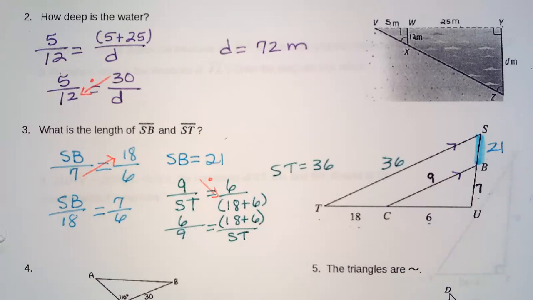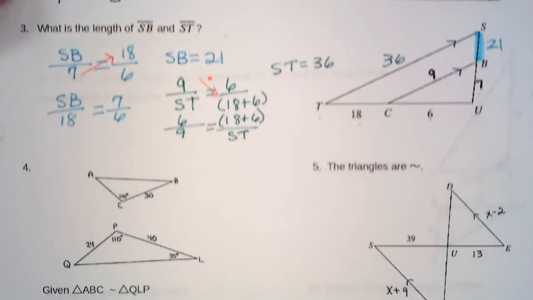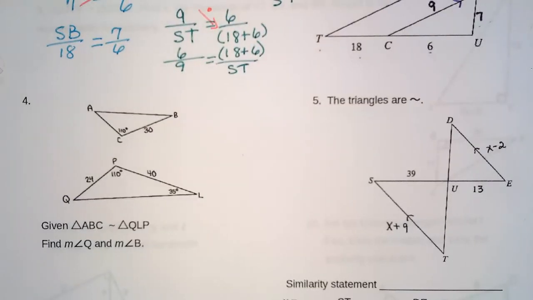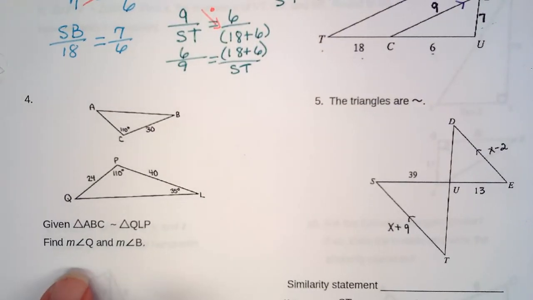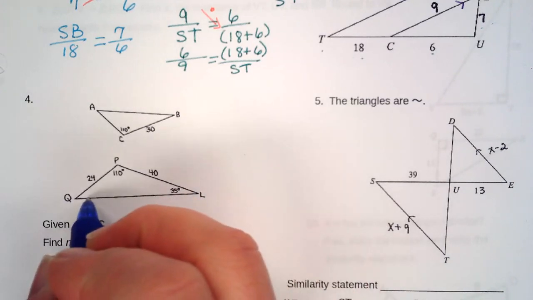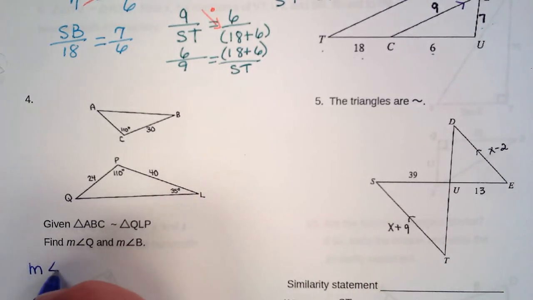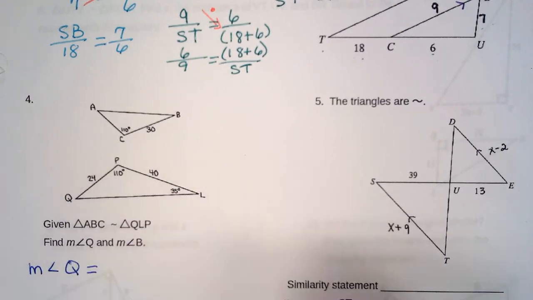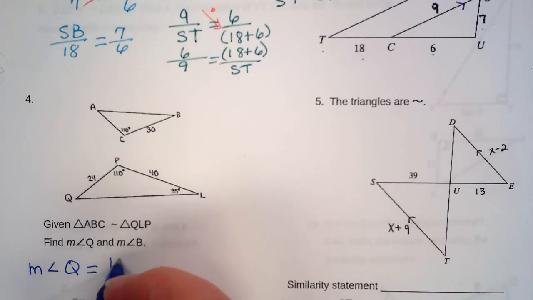Okay, so as we're looking at the next one, if they're similar, what do we know about the angle measures? They're going to be congruent. So this is 110, this one's 35. How do I find the measure of angle Q? Well, altogether they're 180 degrees.